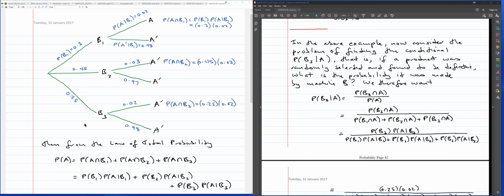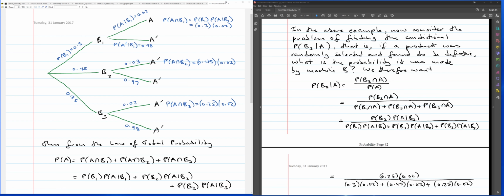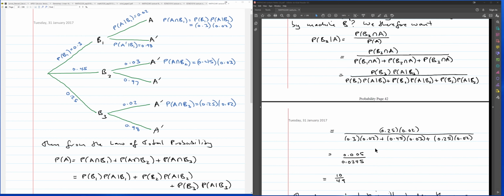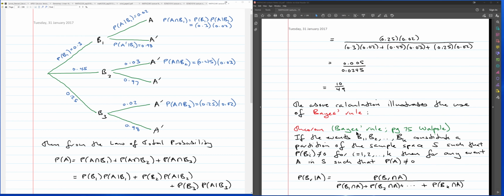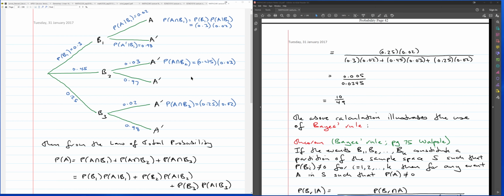Here what I want is B3, so you take these two and multiply them, that 0.25 by the 0.02, which is this, and then divide it by the sum of all three cases for probability of A, which is down here. So that is what Bayes looks like, and it's pretty helpful to use a tree diagram when you're working these out.